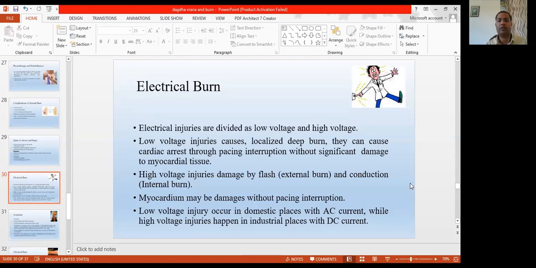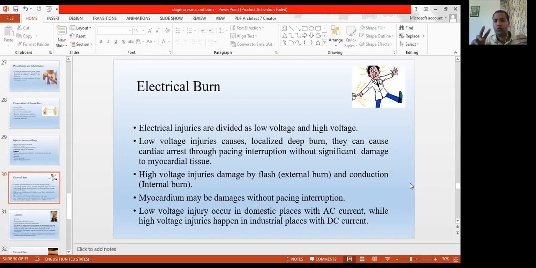And along with it, a patient may get fractures in the ribs or other body parts due to the fall. Okay, so the burn injury is mostly caused by the conduction of current in the body.